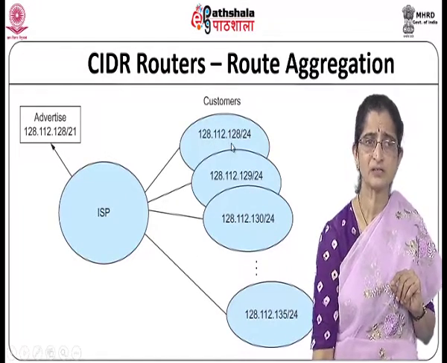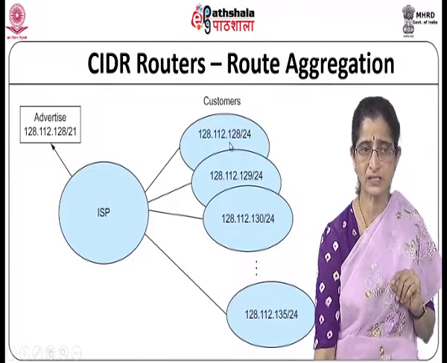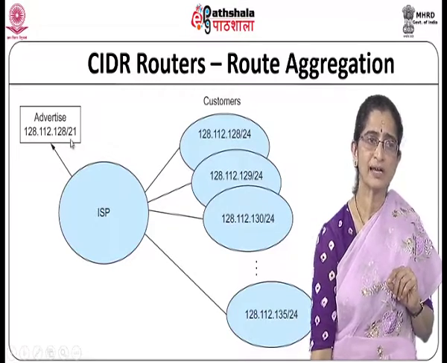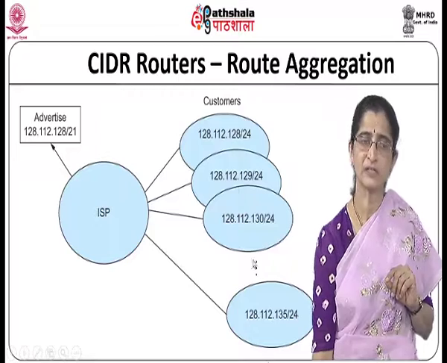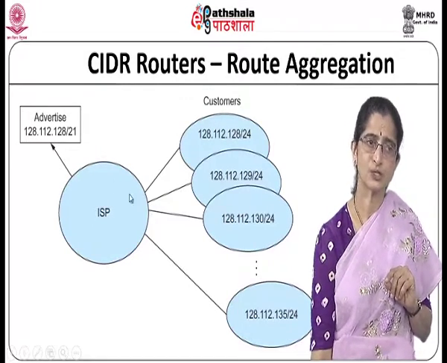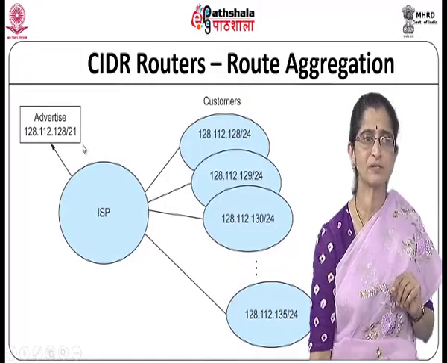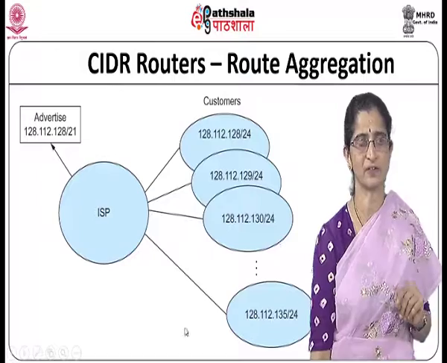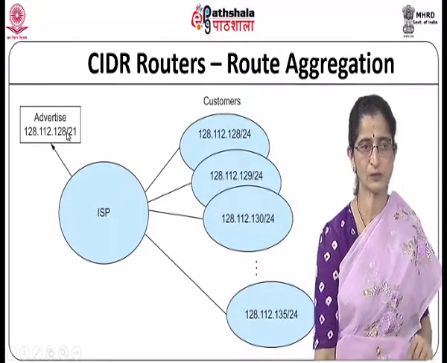You can see that the last 3 bits will differ, so they can be masked out, and the first 5 bits of this part will be common in all of them. So those last 3 bits are masked out, and you choose only the first 21 bits, which are the common part of the address, and use that to identify all these networks as belonging to a single block. That is what we are able to specify using this.